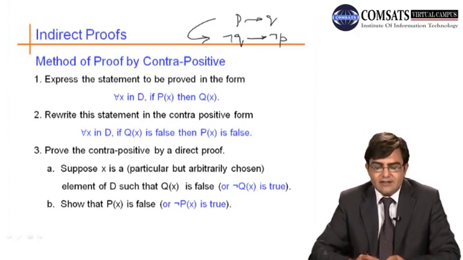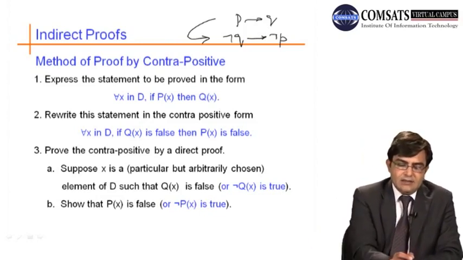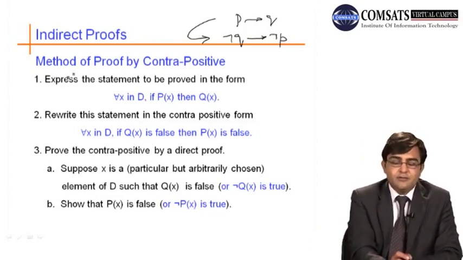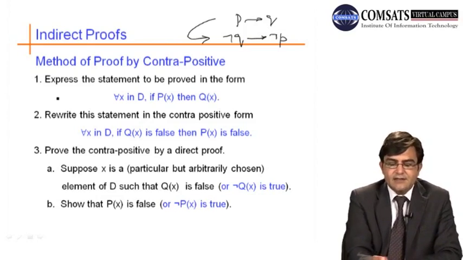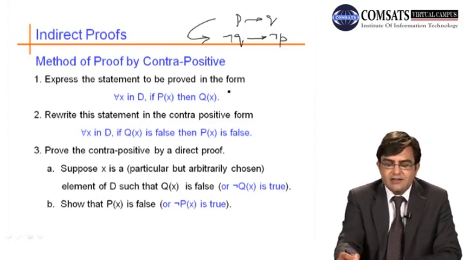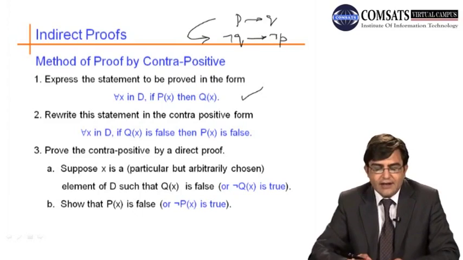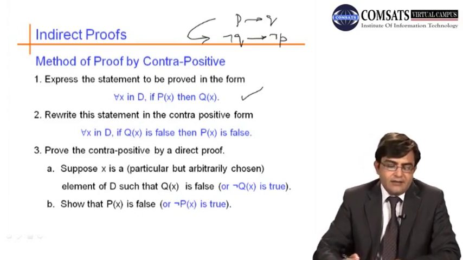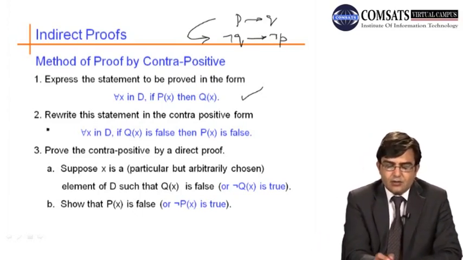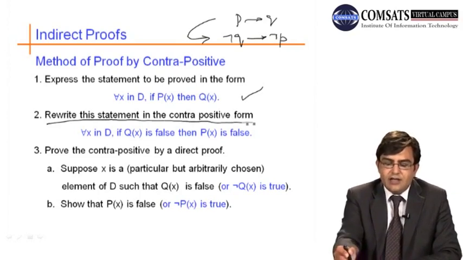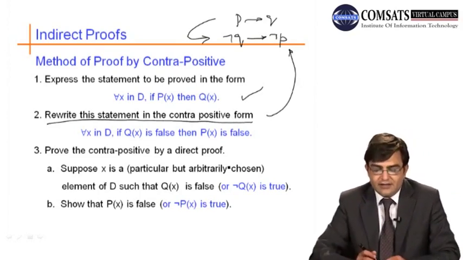Here we shall take the contrapositive of the given universal conditional statement. The first step in this method of proof is to express the statement to be proved as a universal conditional statement, as we do in the direct method. Then rewrite this statement in the contrapositive form, as we have studied in logic.